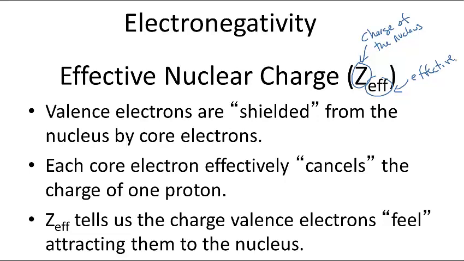It's like those valence electrons are farther away from the nucleus, so they can't feel the pull of the nucleus as strongly. And you have these negative charges that are sort of stealing all that positive pull. So each core electron effectively cancels the charge of one proton. The effective nuclear charge tells us the charge the valence electrons feel attracting them to the nucleus. It cancels out all the core electrons, and that's just what those valence electrons actually feel.